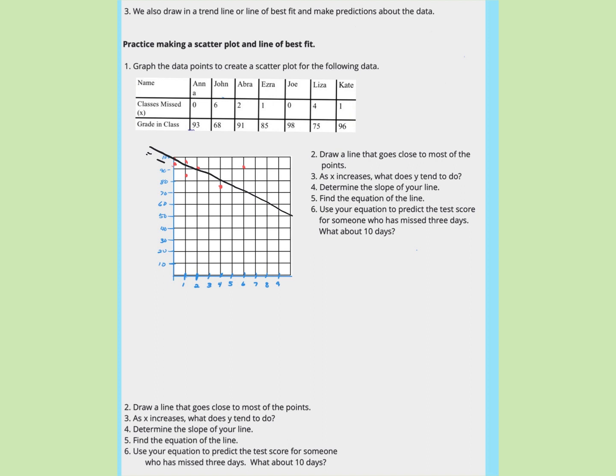It looks like I have 1, 2, 3 points above and 1, 2, 3 points below. As the x's increase, the y's are going down in value, so it looks like my line is going to have a negative correlation. Then we want to come up with a way to describe this particular relationship, so we normally try to come up with a regression equation, or just the equation of a line.